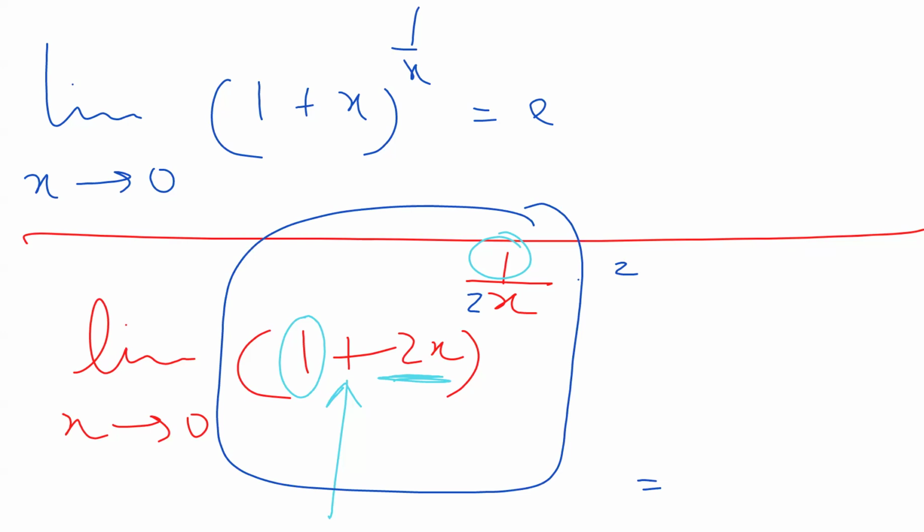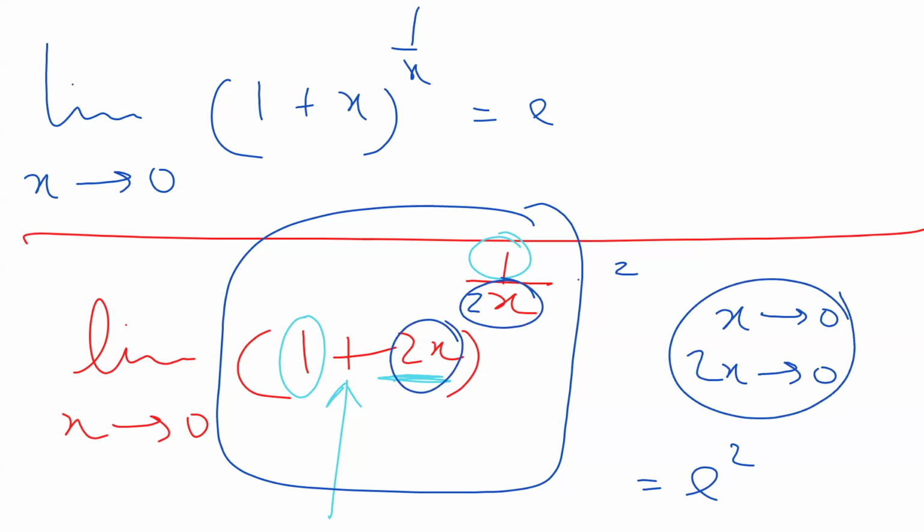It is e, provided x is approaching 0, e raised to 2. As x approaches 0, 2x will also approach 0 because we applied the formula for 2x. So this is the main theme.